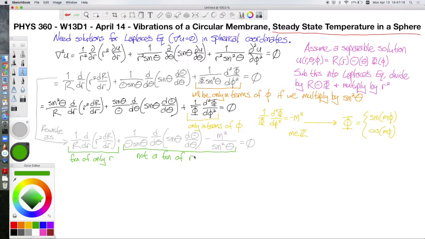So each of these two terms must be equal to a constant. I'm going to take the r part of our solution over here, and we know that 1 over R times d by dr of the quantity r squared times dR by dr has to equal a constant, and we are going to call that separation constant k.